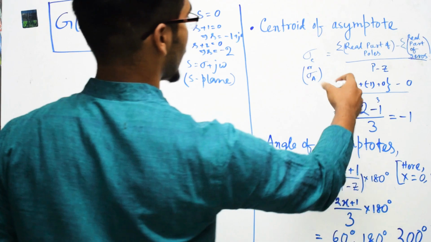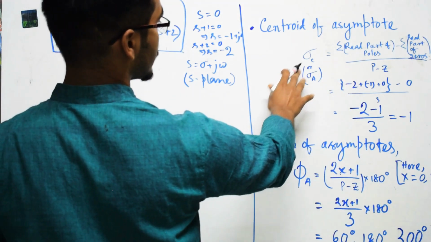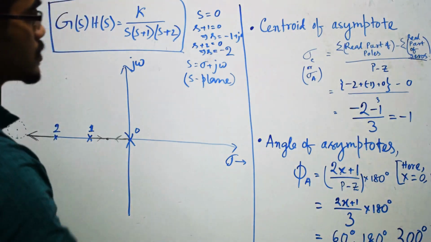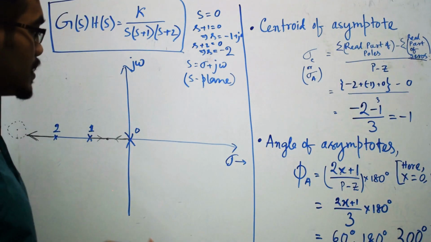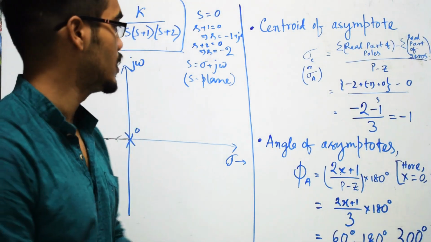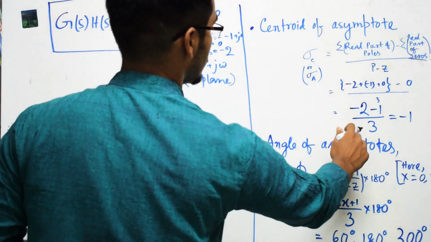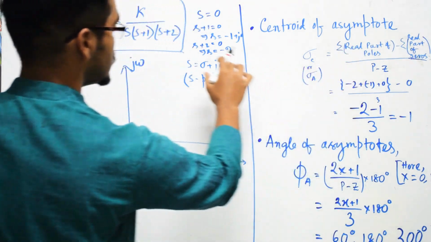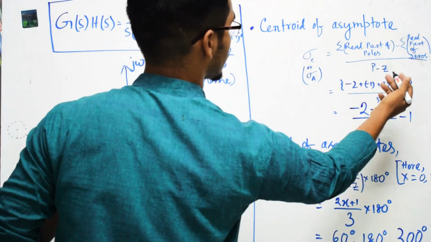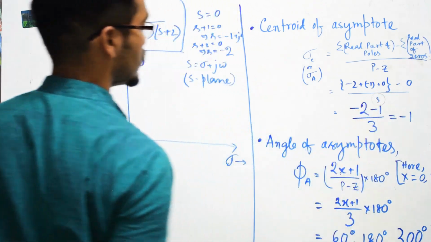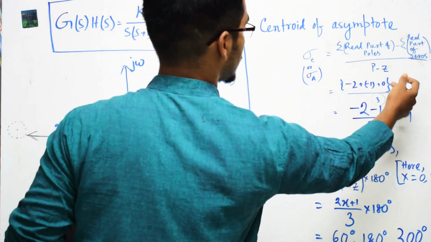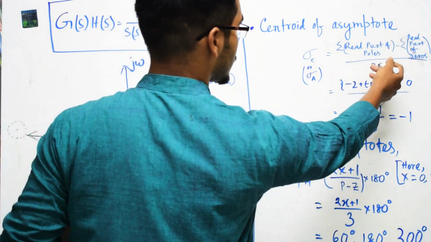The centroid of asymptotes is calculated as the summation of real parts of poles minus the summation of real parts of zeros, divided by p minus z. What is p minus z? P minus z is called the number of asymptotes. Here the number of poles p is 3. There is no zero, so z is 0. 3 minus 0 is 3. Now in the numerator there will be no real part for zeros, only the real parts of poles.